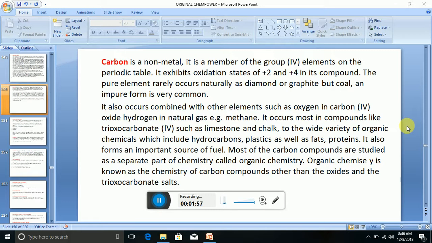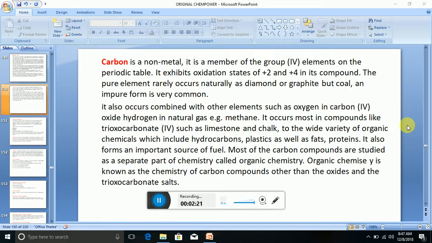Most of the carbon compounds are studied as a separate part of chemistry called organic chemistry. Organic chemistry is known as the chemistry of carbon compounds, other than the oxides and the trioxocarbonate salts, which are the ones we are going to be considering here.